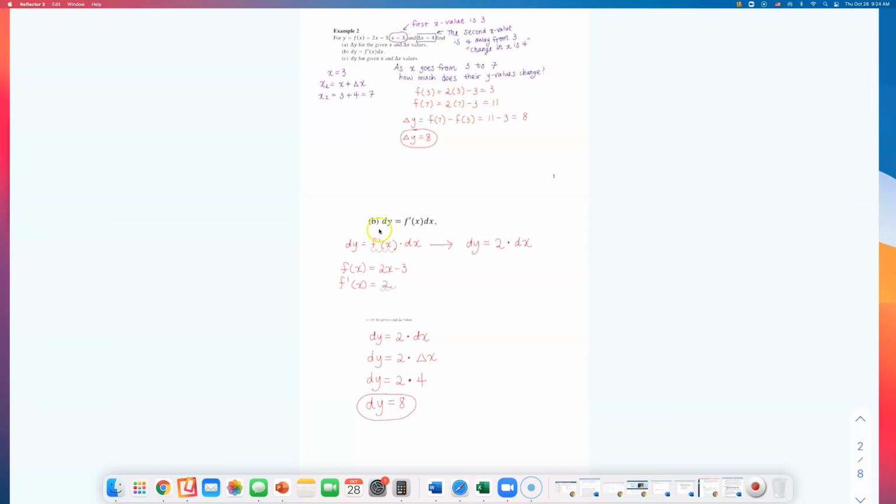But this formula that we came up with for dy gave us the same answer when we just plugged in that dx, that change in x. So I think it's a good example of showing us that change in y can be found or approximated by finding the differential of y using this formula. And that's it.